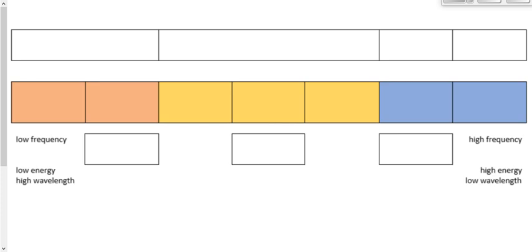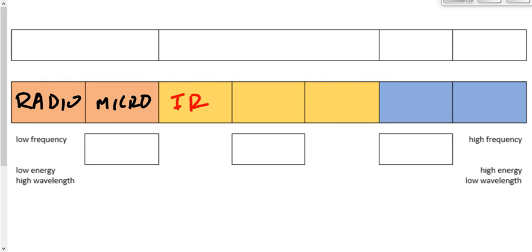All right, let's look at the 7 types of EMR. You think back to the song that we played a couple of times already. What's the first kind? Radio waves, yeah. Microwaves, okay. And then we've got, what's the next one? Infrared. Infrared, infra meaning below, red, obviously, infrared.